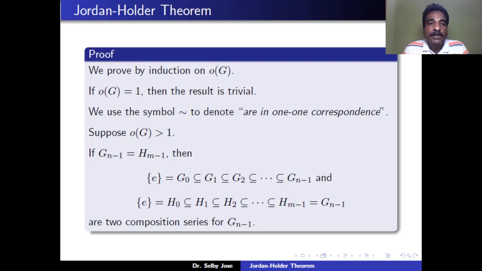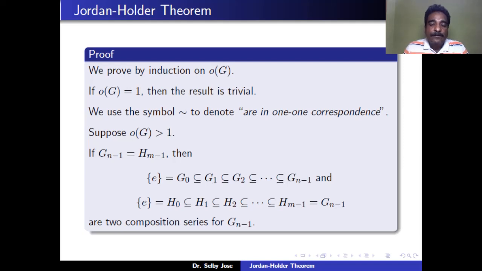A tilde B means the elements of A and elements of B are in 1-1 correspondence and the corresponding factors are isomorphic. That is how tilde indicates. So we are proving by induction on order of G, and when order of G is equal to 1, the result is trivial, and suppose order of G is greater than 1.